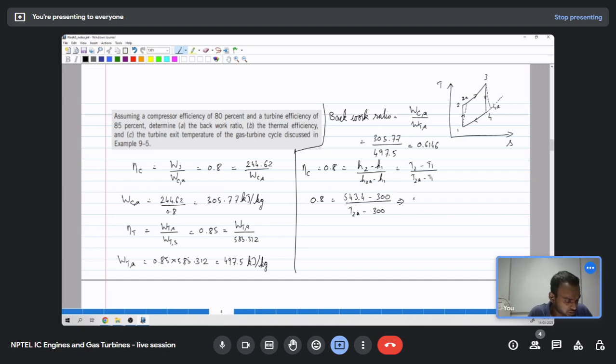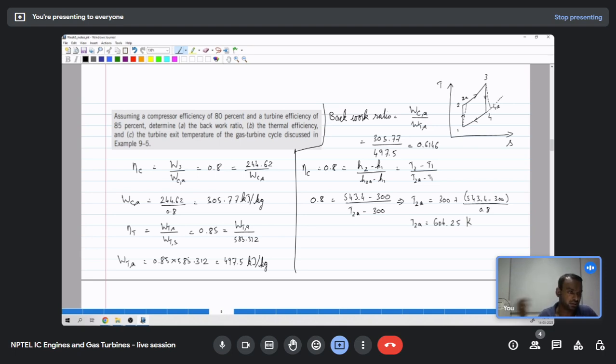This implies T2A is equal to 300 plus (543.4 minus 300) divided by 0.8. So that is 604.25 Kelvin.